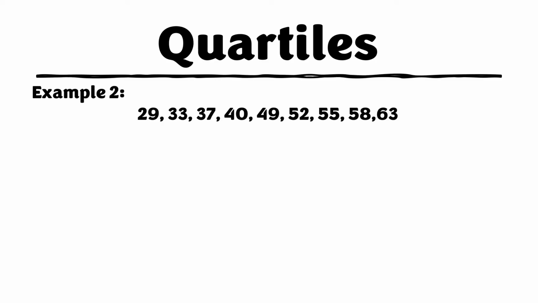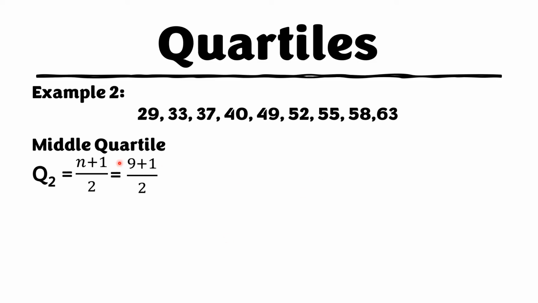Next we're going to solve for the middle quartile. So we have Q sub 2 is equal to n plus 1 all over 2. And then we're going to substitute the value of n, which is 9. So here we have 9 data, 9 observations: 1, 2, 3, 4, 5, 6, 7, 8, 9.